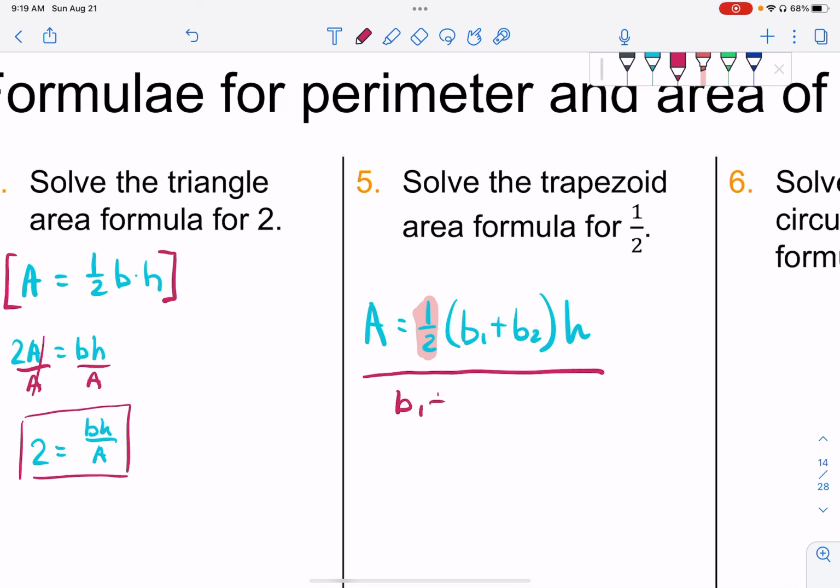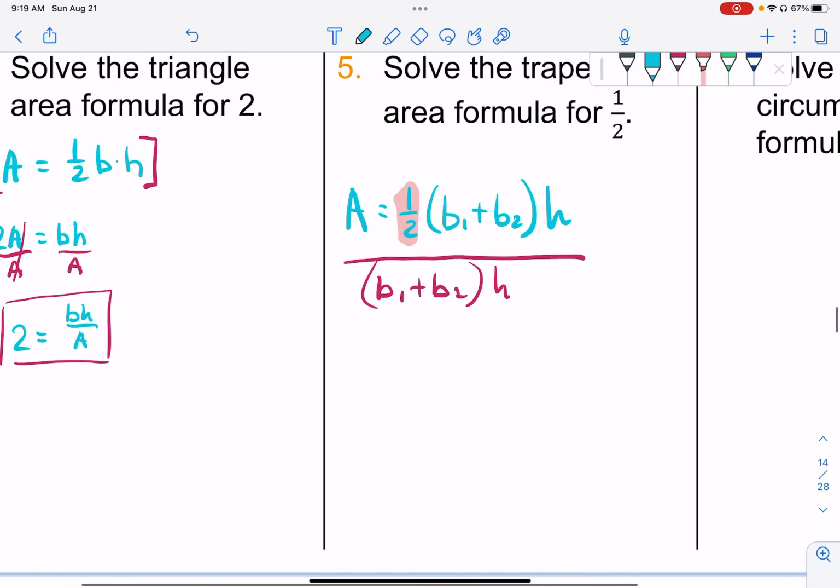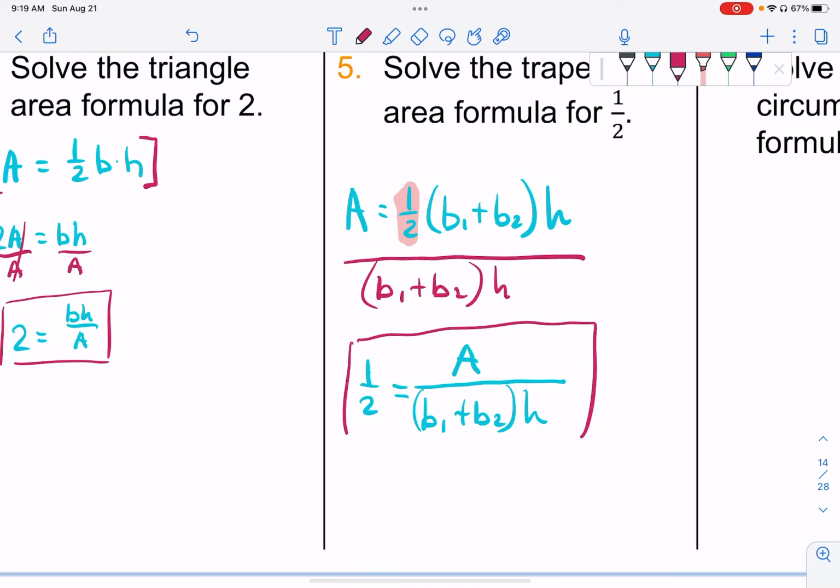So b1 plus b2, all of this times height. And of course, on the right side of the equation, it's going to just cancel out. And it's going to leave me with the 1/2, which is what I was looking for. So 1/2 is equal to the fraction with a on the top, and then we'll have the quantity b1 plus b2 times the height on the bottom. Weird, but true.